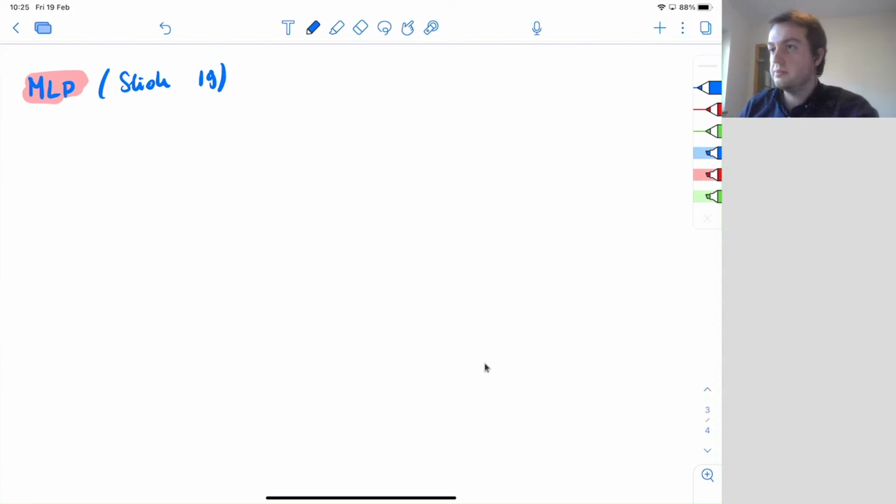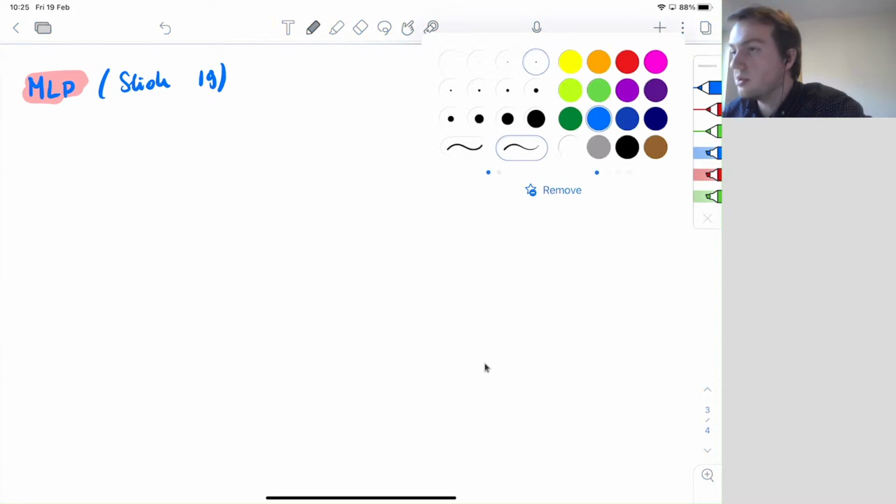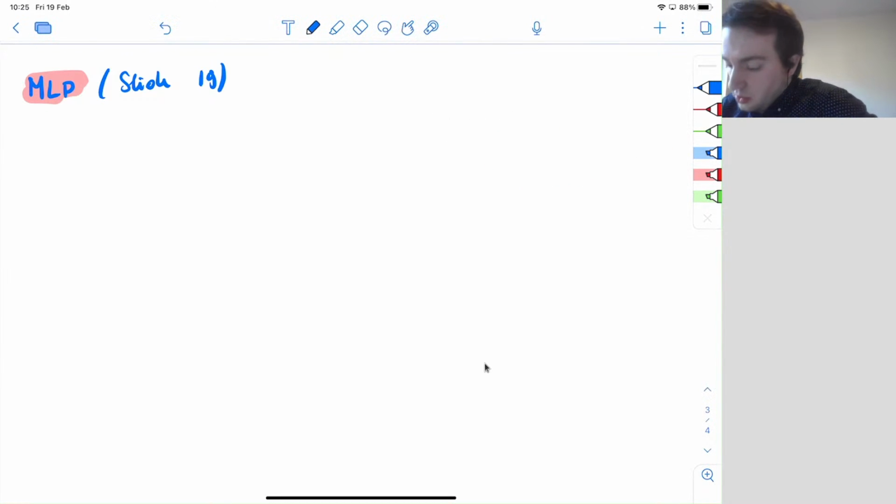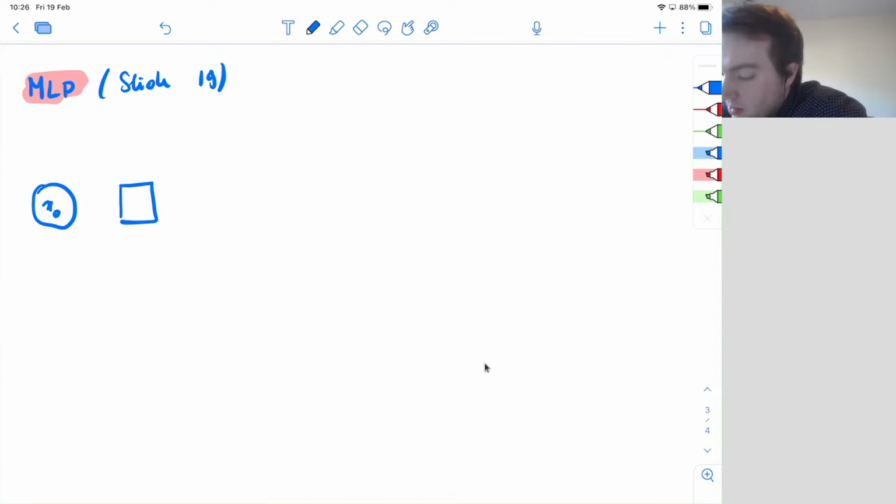So let's say that we start with some x0, which would be our input data, right? Then, in the case of an MLP, you would usually multiply this value with some matrix, and you would do that through some function f1.